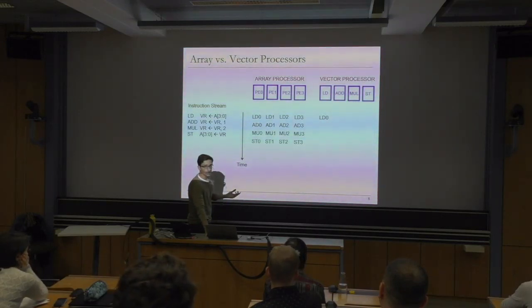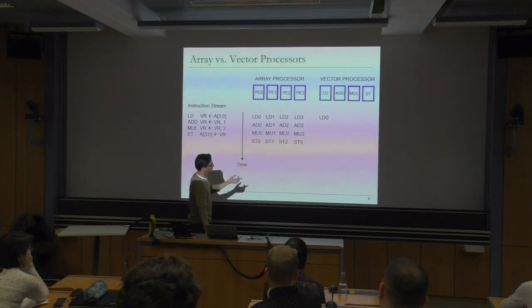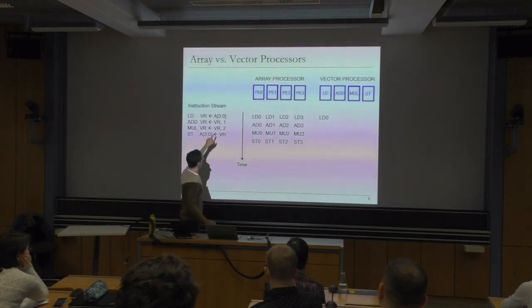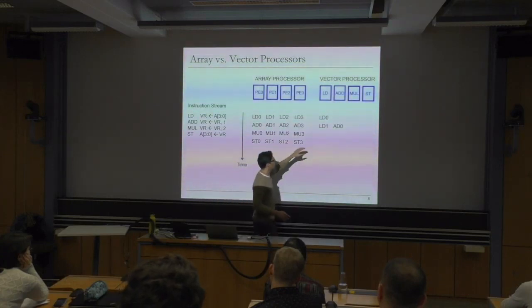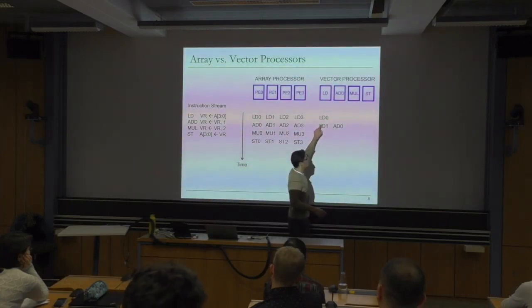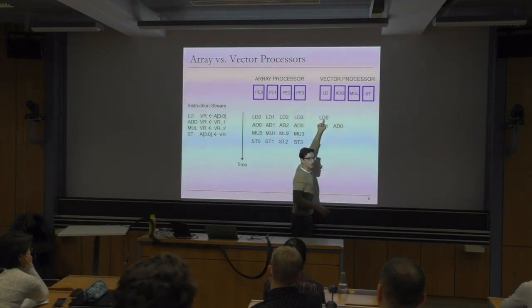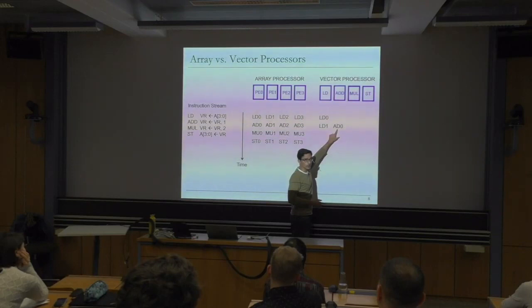How do we do that in a vector processor? The first thing that we have to do is issue 1 load. This load 0 will load element 0 of array A. 1 cycle later, we can issue load 1, and if we already have the value that we have to read from memory, A0, then we can start operating on it, right?